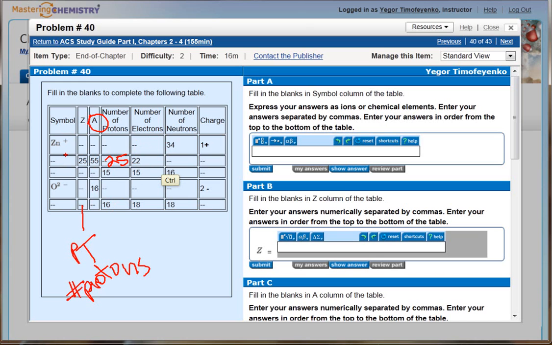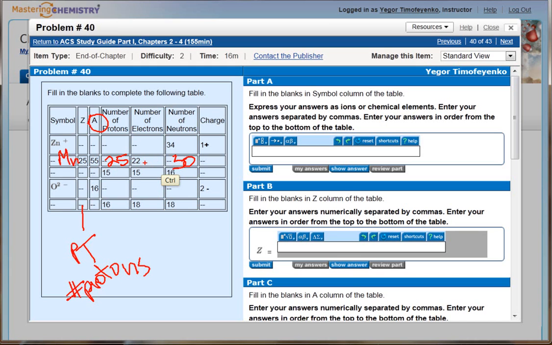Let me check that out for you. 25 protons is manganese, Mn. What else? Number of neutrons. Well, if A is number of protons plus neutrons, therefore number of neutrons is 55 minus 25, which is 30.